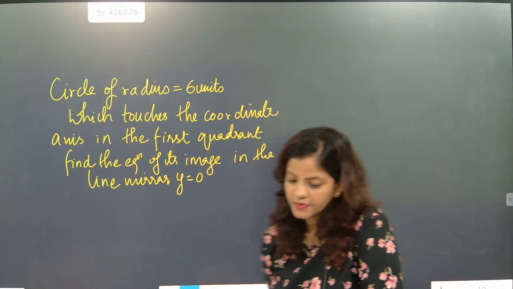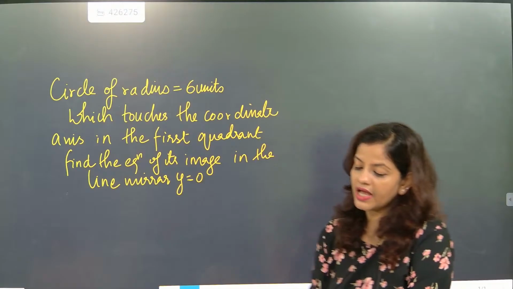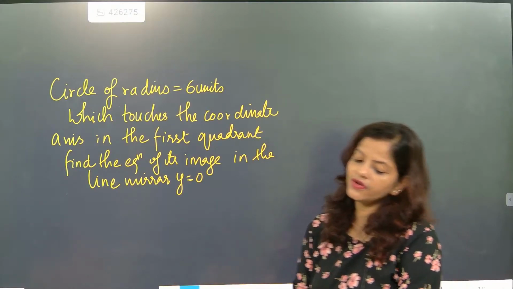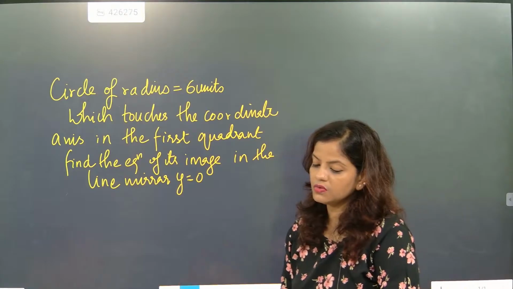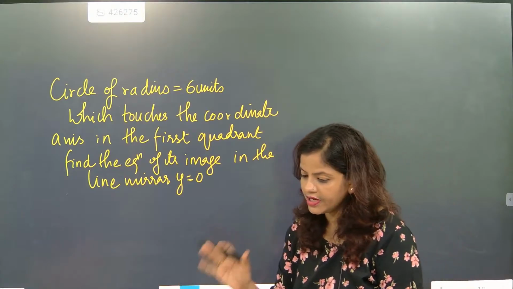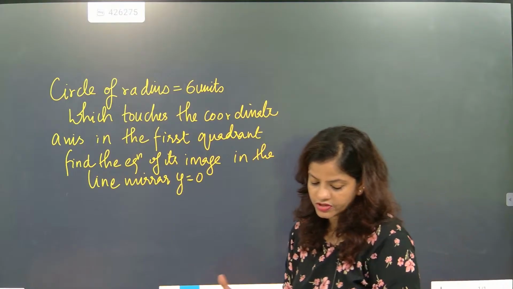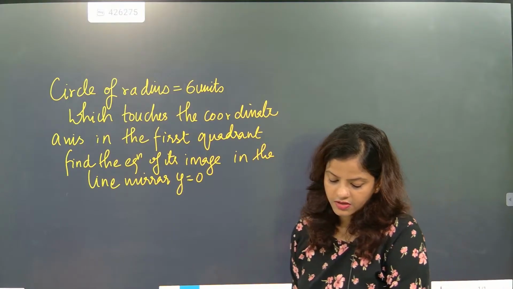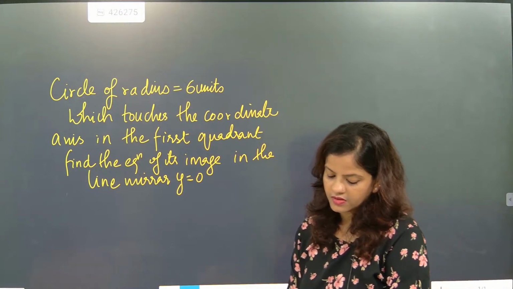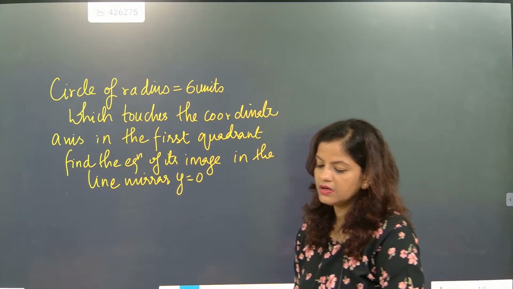Hi beta, so try this question. Image-related questions for a line: in class 12, when you go to vectors, image-related questions will come. Line, circle, cone, anywhere you go, you will get this type of question. So definitely we must solve this type of question, and we must not leave it.